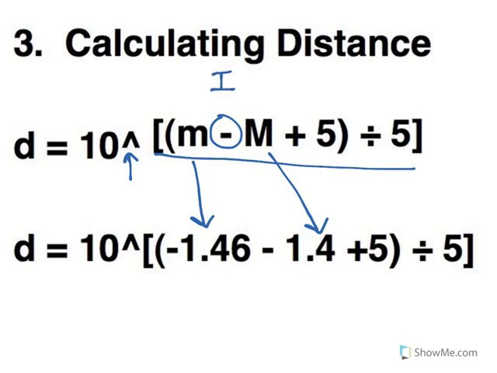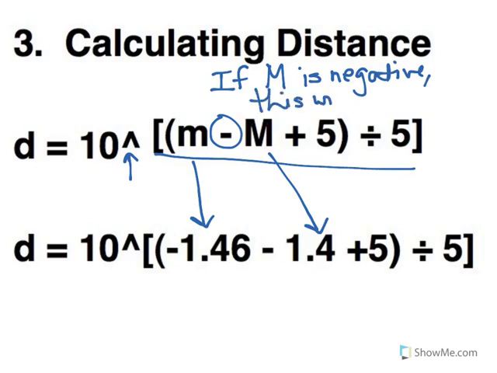So if the absolute magnitude is negative, this will be an addition, because you're subtracting a negative. So just something to look out for when plugging numbers into this equation.